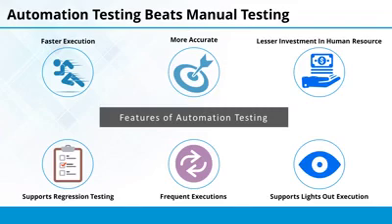Faster execution. Now, we need to understand why it is faster. You all will think that, okay, that's the script and we'll just run the script. That's absolutely correct. But we also need to understand that writing that script takes time. Only the execution of that script is faster. So no doubt the effort put in initially into creating the automation test suite is huge.